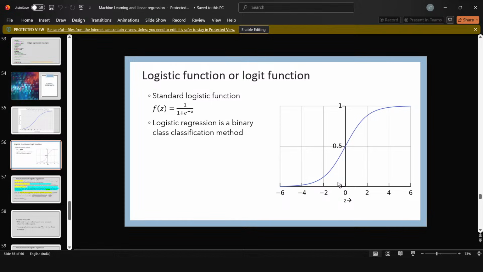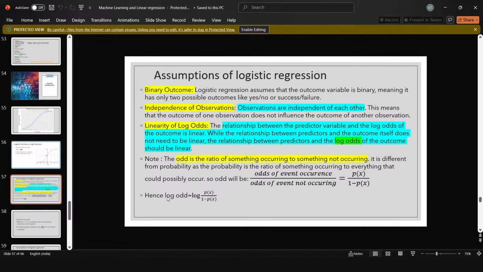This is a logistic graph, right? Okay, you haven't completed the linear algebra course. For now, it is enough to understand that this log odds should be linear in nature. That's it. The relationship between the predictor variable and the log odds of the outcome is linear.